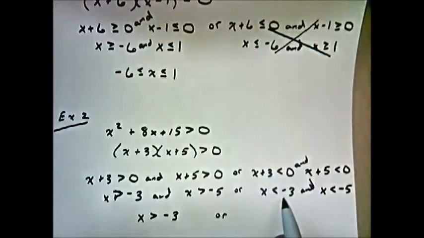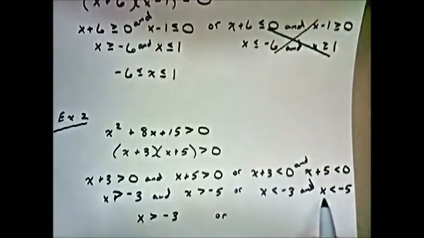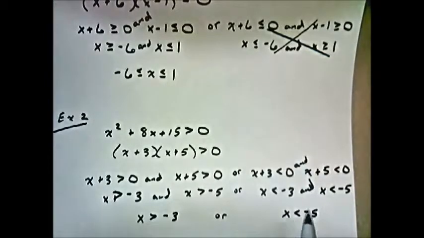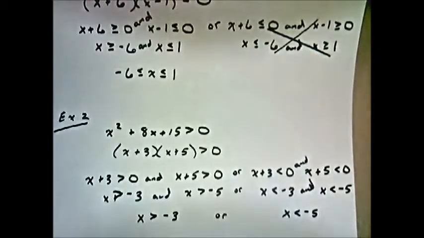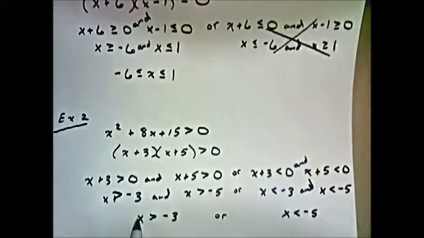Or we could have x is less than negative 3 and x is less than negative 5. In this case, only x less than negative 5 works, since again, negative 4 would not work for this part. So here's our solution: x is greater than negative 3 or x is less than negative 5.